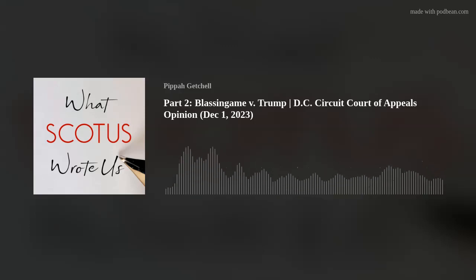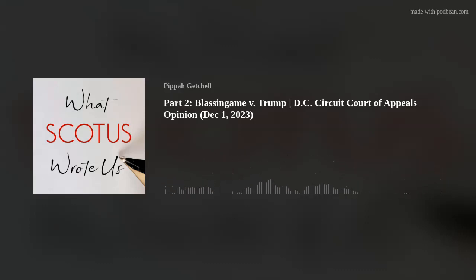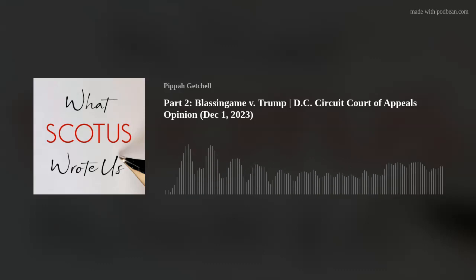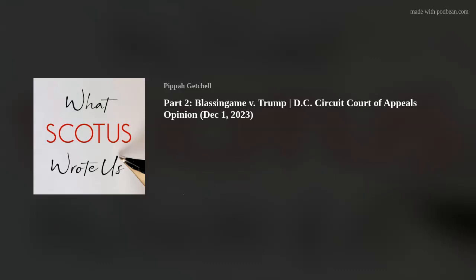In pre-Nixon official immunity cases involving other officials, the court had employed a functional approach under which, for most officials, the scope of the immunity defense varied in proportion to the nature of the official's functions and the range of decisions that conceivably might be taken in good faith.